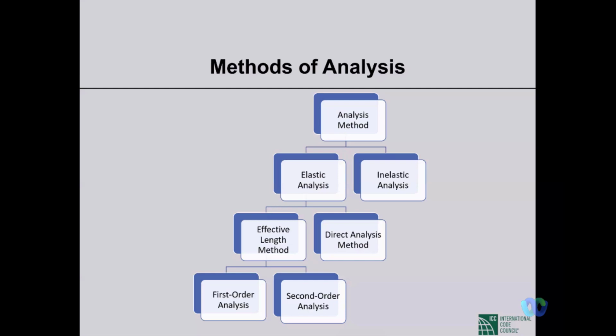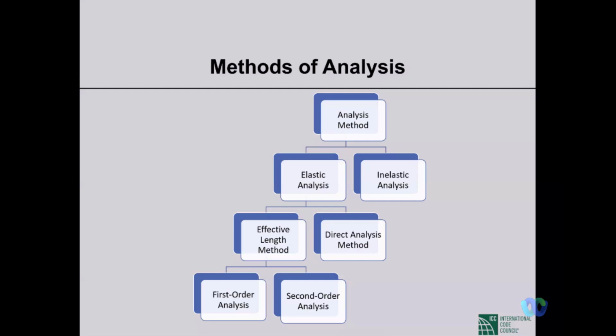And another is second order analysis, that we modify the first order results and consider the second order effects. That's second order analysis. So usually we try to go for first order analysis, but there are limitations. So the code imposes restrictions that when we can go for first order analysis and when it is not valid.